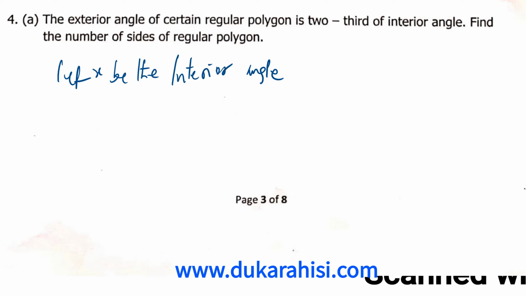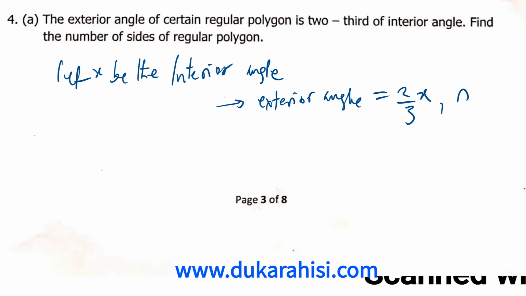So we can say that the exterior angle will be 2/3 of the interior angle. Find the number of sides of the regular polygon.